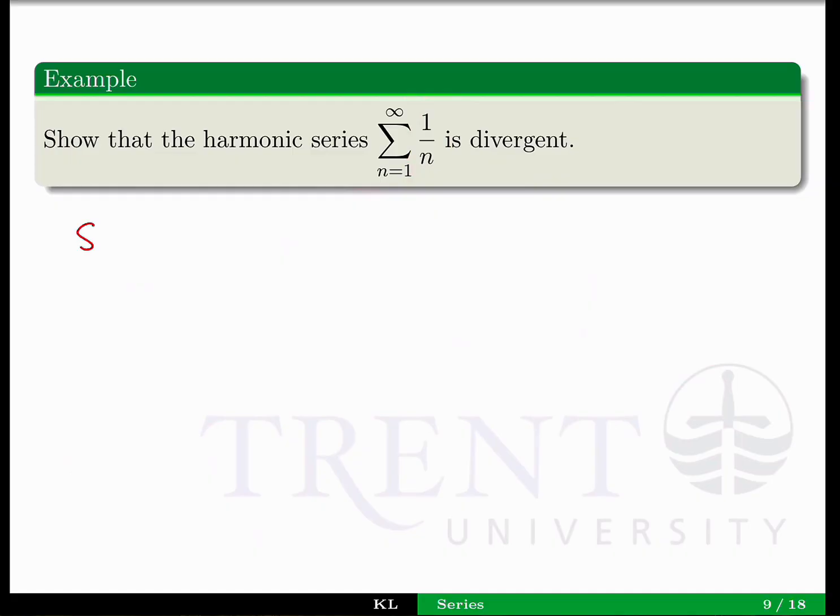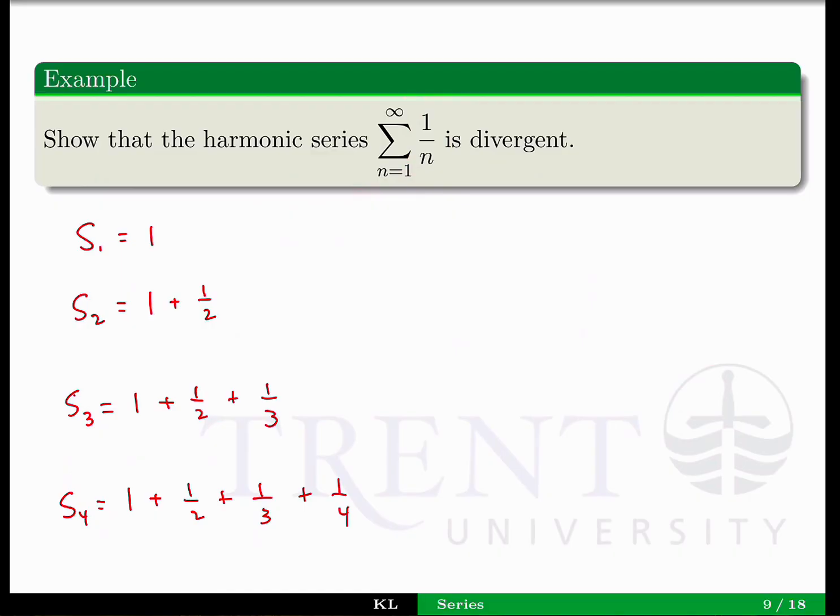Well, we consider the S_k. First S1, this is just 1. S2 is 1 plus 1 half. S3 is 1 plus 1 half plus 1 third. S4 is 1 plus 1 half plus 1 third plus 1 fourth, and so on. Let us write some more terms.